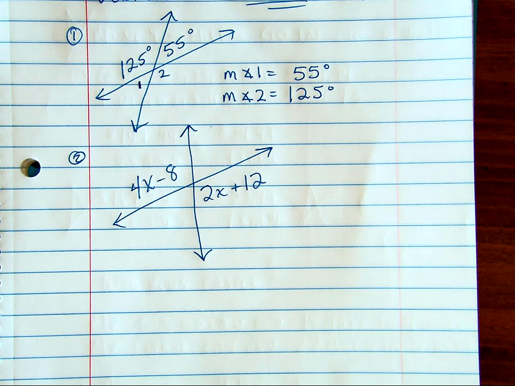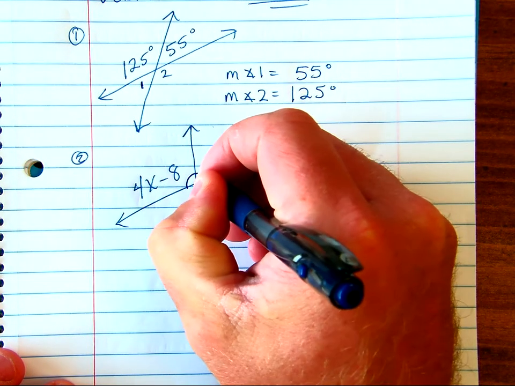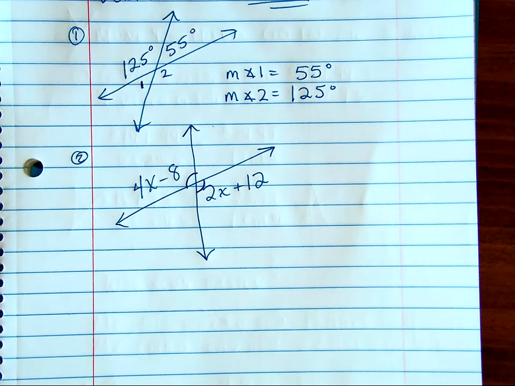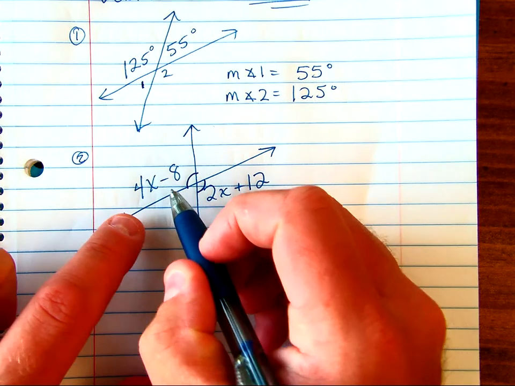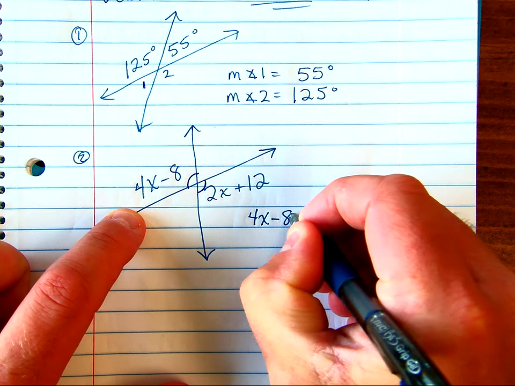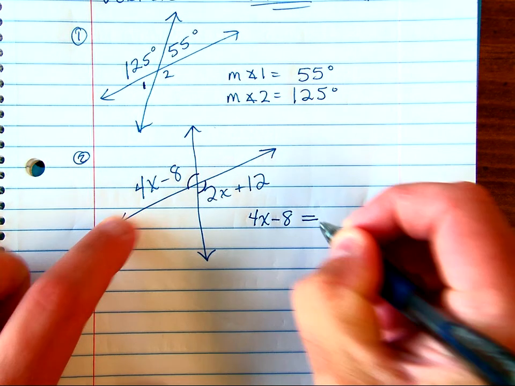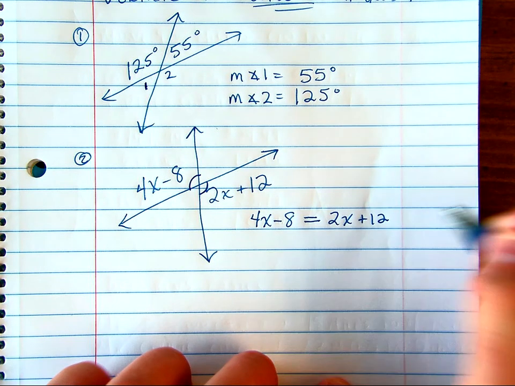Now, these are vertical angles because they are opposite one another. Because they are opposite one another, they are equal to one another. So I can take this first expression and set it equal to the other expression.